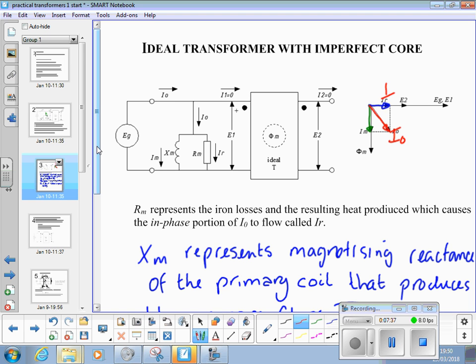So there's IR, I0, and IM in a phasor diagram.